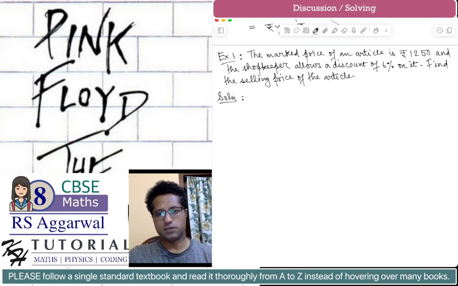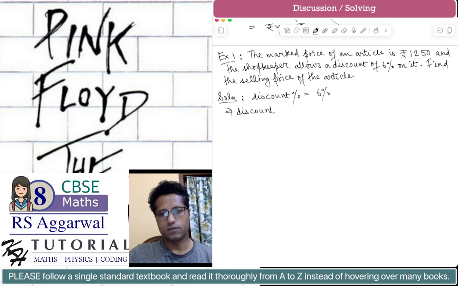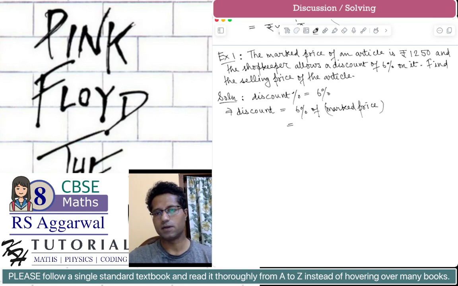Okay. So the discount percent is equal to 6%. Okay, so this implies we know that discount will be equal to 6% of mark price, and it is given in this problem that the mark price of the article is rupees 1250.